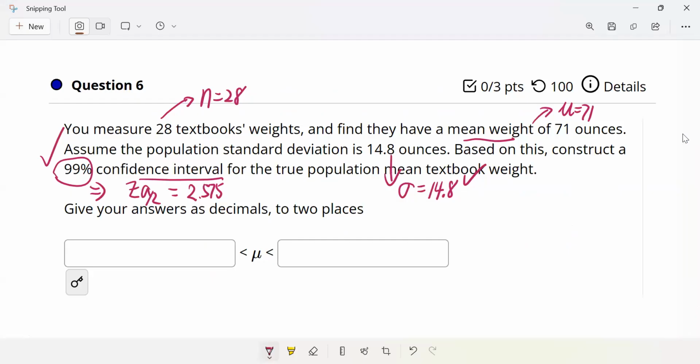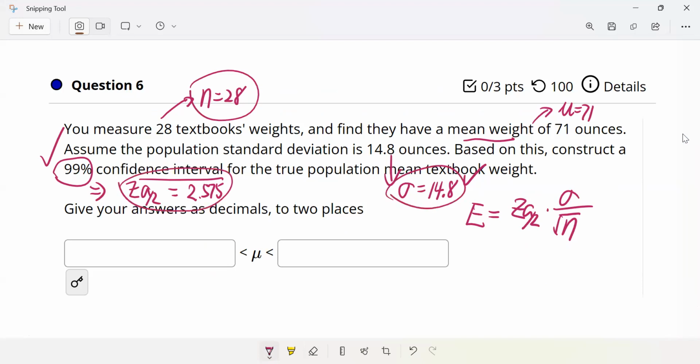Now we're going to apply the margin of error formula. Margin of error equals critical z-score times population standard deviation over square root of sample size. We know all three of them: sample size, population standard deviation, critical z-score.